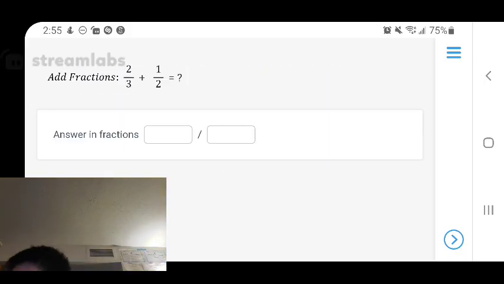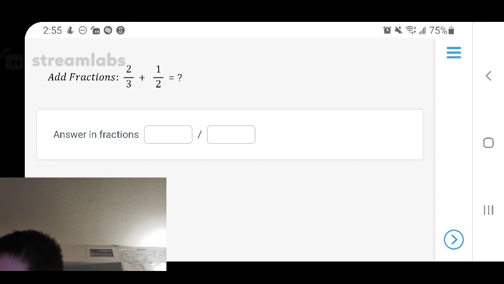You add fractions. Okay, this is pretty fun. 2/3 plus 1/2. You write down the question, you write it down on the paper that the question's in on the test. You try and make it so it's like terms.